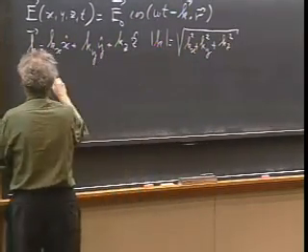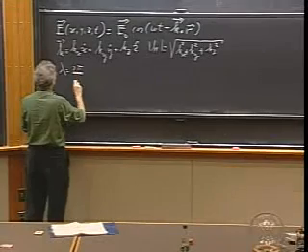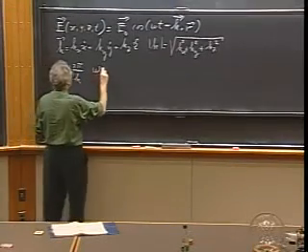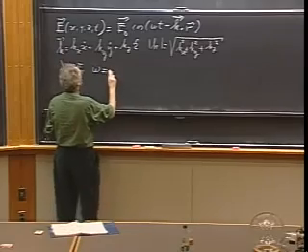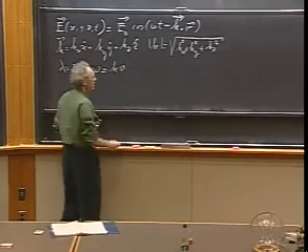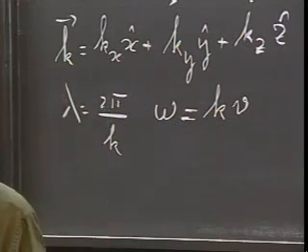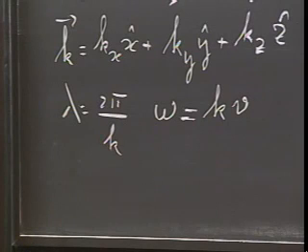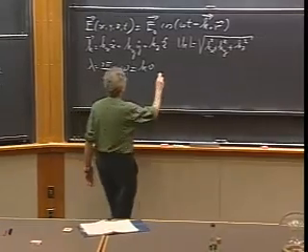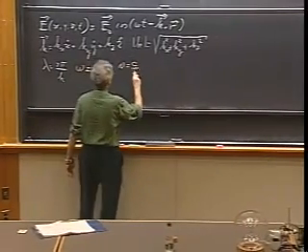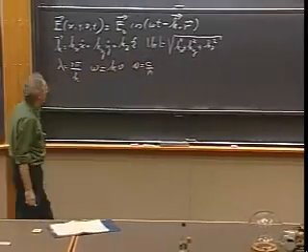Lambda is 2 pi divided by that k, and omega equals k times v. And if it is in vacuum, then v is the same as c, of course. But v then is c divided by n if you have a dielectric.